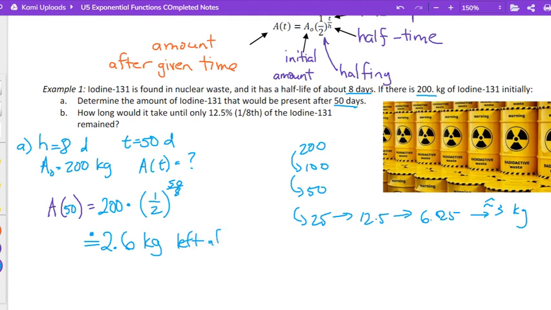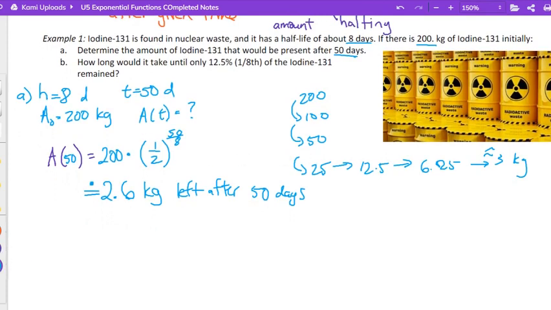Left after how many days? 50. Good. Folks, was my estimate beforehand accurate? Like, was it pretty close? Yeah. So now, by having done that, I did it twice, and both times I came up with a similar answer.